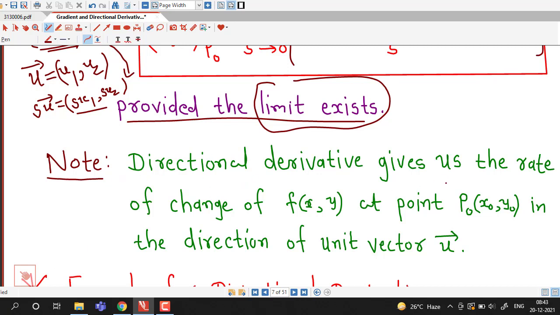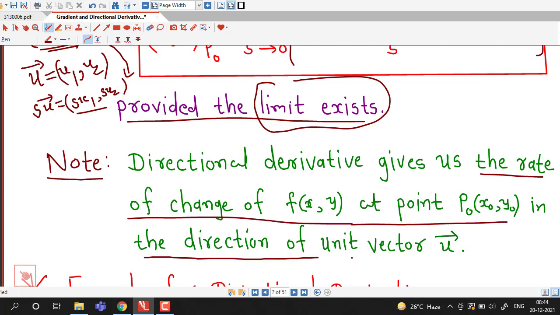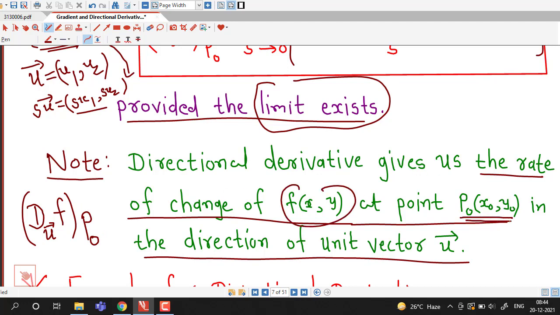One more thing, directional derivative gives us the rate of change of f(x,y) at point p0 in the direction of unit vector u bar. So this is physical meaning of directional derivative, as we know that derivative gives us the rate of change. So here also we are defining derivative in the particular direction. So directional derivative in the direction of vector u bar at point p0 gives us the rate of change of given function at a point p0 in the direction of unit vector u bar.